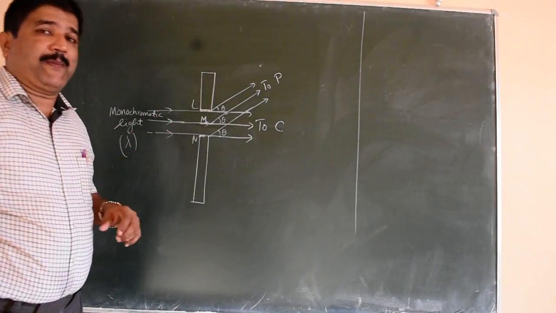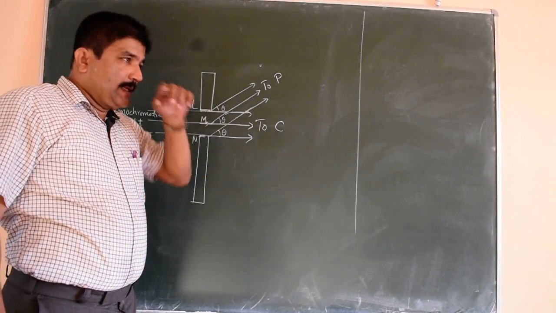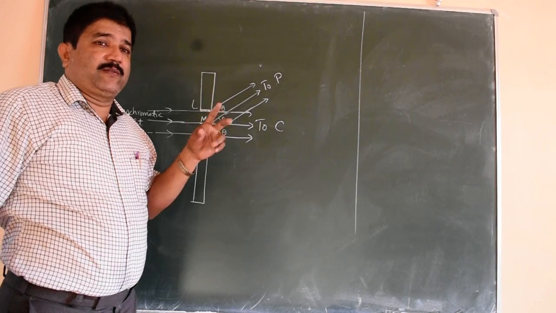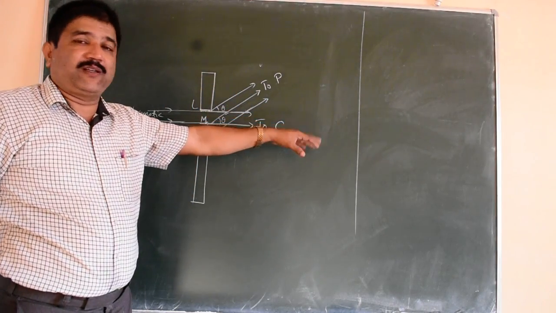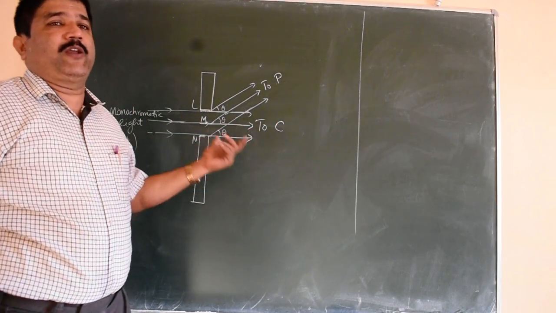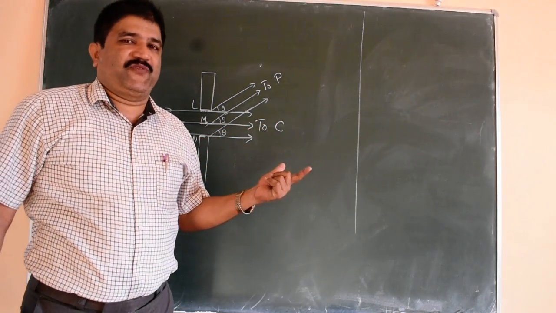So what exactly happens in the case of diffraction? In interference we have seen light coming from two different slits superpose each other and produce a dark or bright region depending upon the path difference or phase difference.